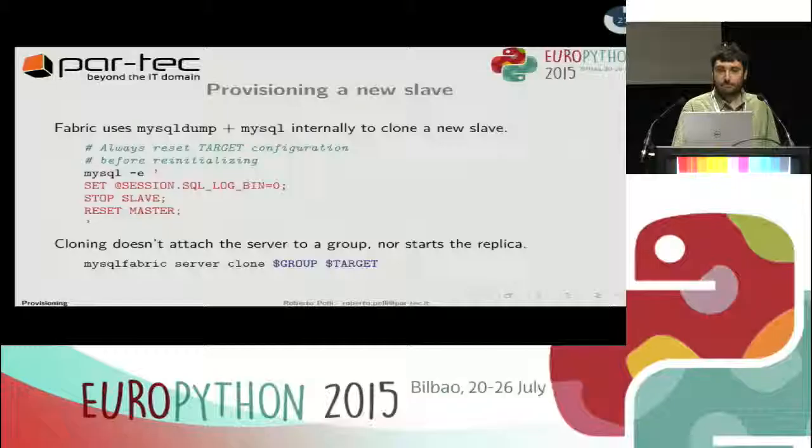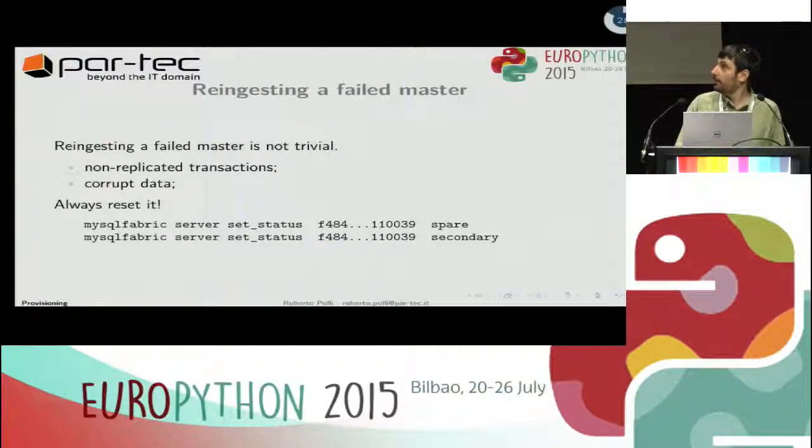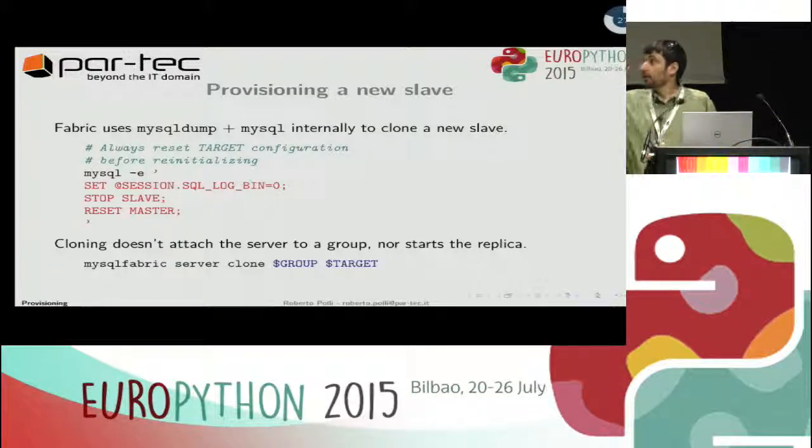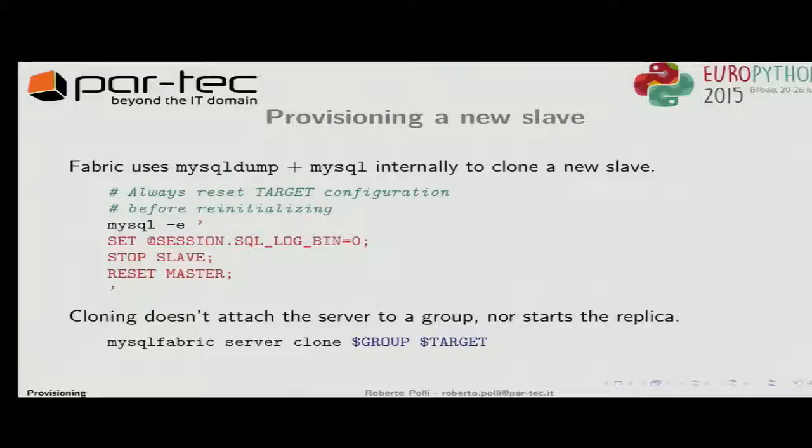Everything on its own. To provision a new slave, you can just clone the group on a new target. So you add one server, and then you clone the group on the server. Fabric knows who is the master, it takes care of it.